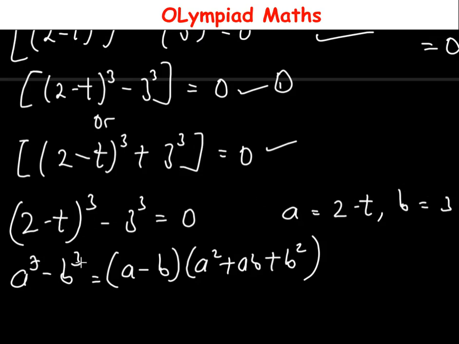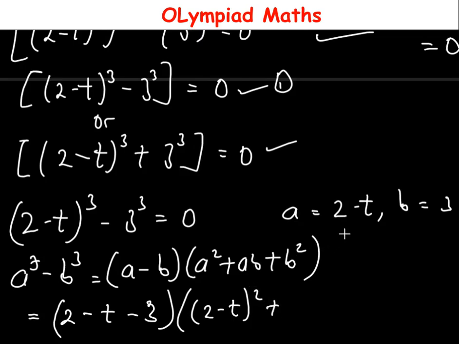So expanding this using this format, we have (2 − t − 3) multiplied by ((2 − t)^2 + (2 − t)(3) + 3^2) = 0.